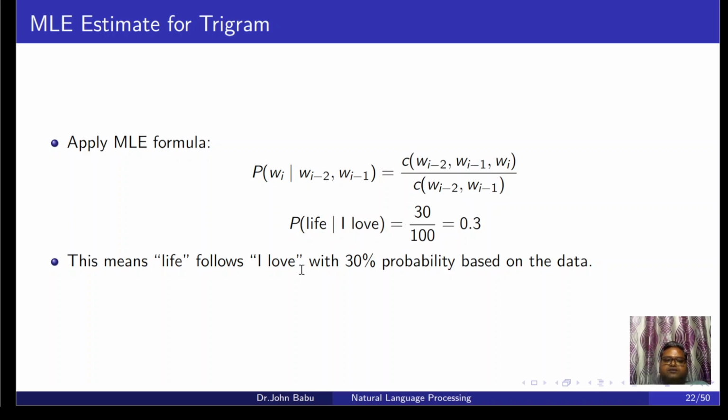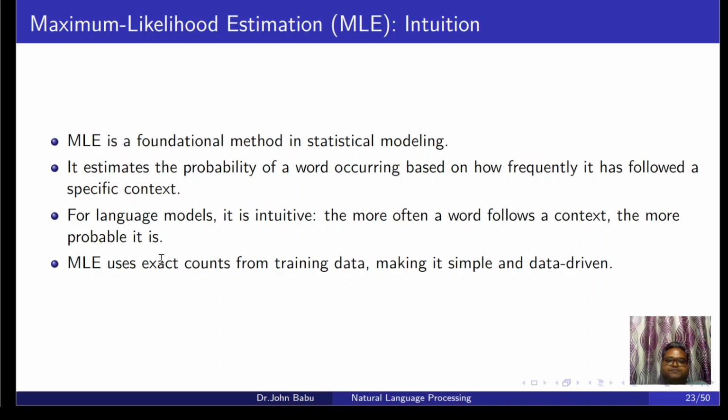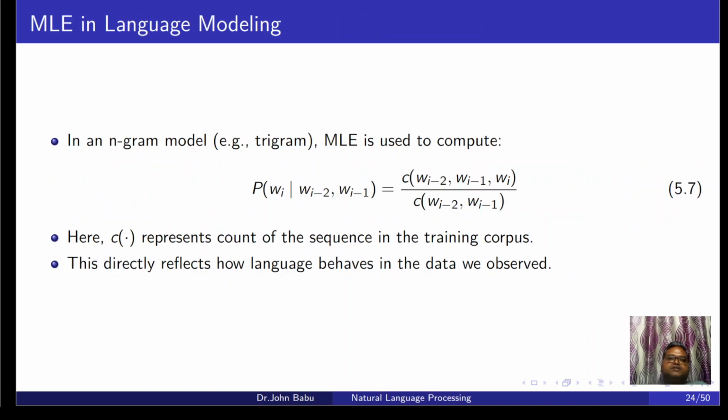So whenever "I love" comes, it is likely that 30% of the time "life" will come. That's how the likelihood informs me. So it is a very, very important estimation in statistical modeling.